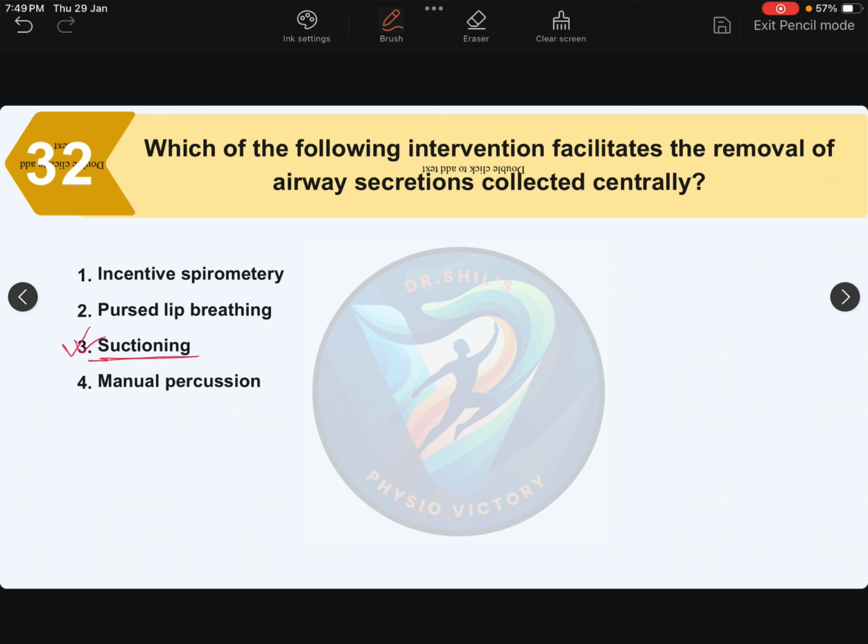Central secretions equals to basically trachea or main bronchi. Suctioning directly removes secretion from large airways.